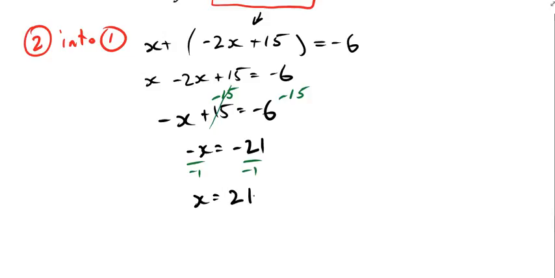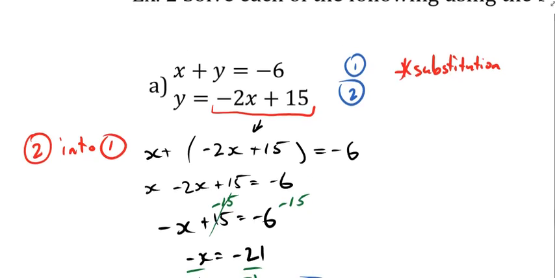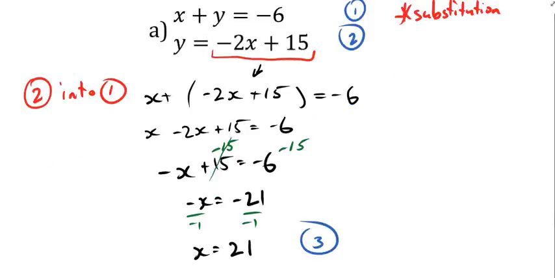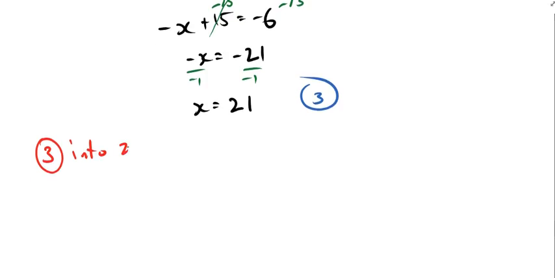Are we done? We're not done. Always remember what the purpose of solving a linear system is, to find the point where the two lines cross. So we're going to call this equation 3, and then let's put 3 into 2, because that'll just solve for y really easily. Into 2.